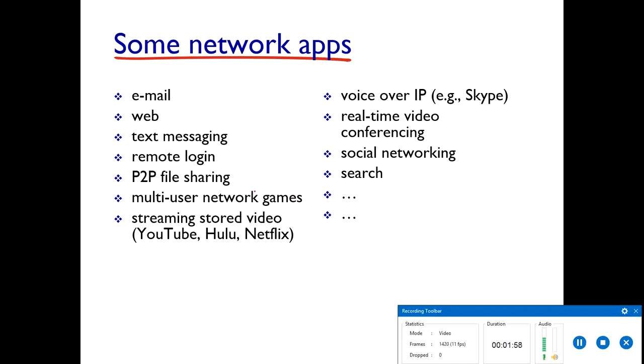Alright, so let's just have a quick look at some of the network applications that you, being a user, must be using, or I must be using. All of us are using email very frequently, we are using the web very frequently, text messaging, remote login, peer-to-peer file sharing, multi-user network games, streaming applications like YouTube, Netflix, then voice over IP like Skype, real-time video conferencing applications, social networking applications, searching, and the list goes endless.